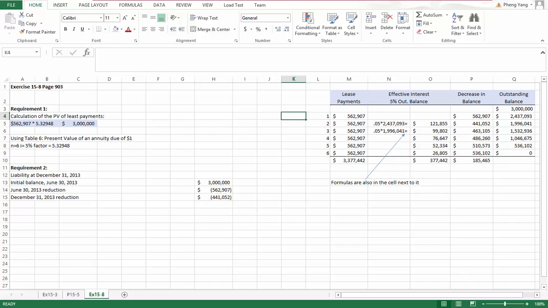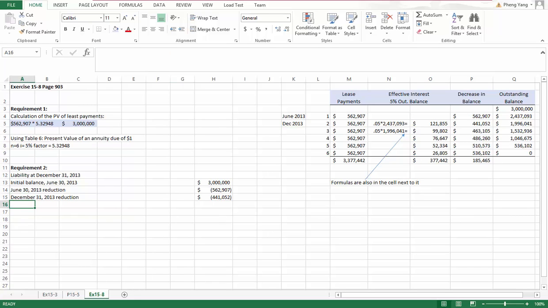Let me just put the dates in here so we all know where I'm getting this from. Okay, there we go, so that we can dictate better where we're getting these numbers from.